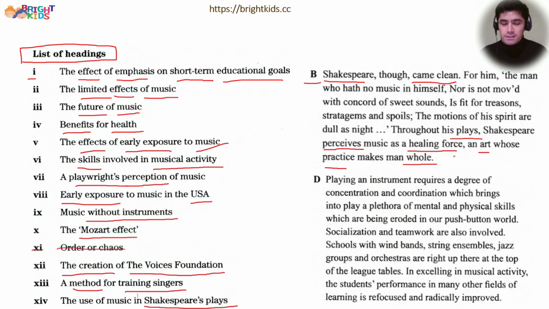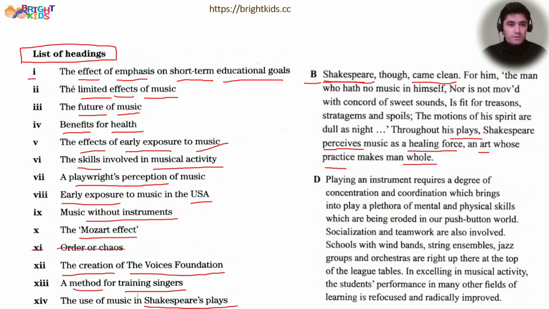Right, now let's try to compare this information with the headings. So the main keyword here is Shakespeare. We can try to look for the word Shakespeare in the headings. We have Mozart here. So let's start from the very beginning.